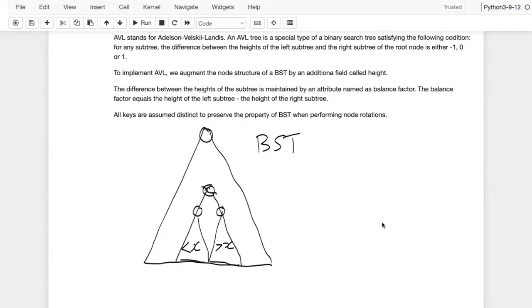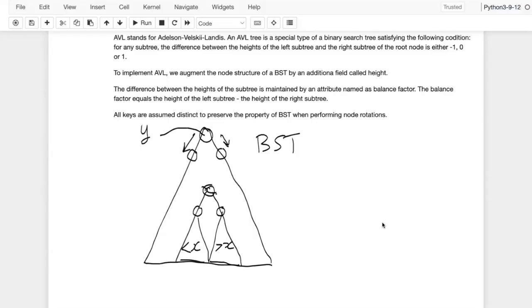If you have a binary search tree, then searching for an item, let's say an item y comes in, I compare y with the root. If y is less than the root, then I definitely go to the left subtree. And if y is greater than the root, I will definitely go to the right subtree.